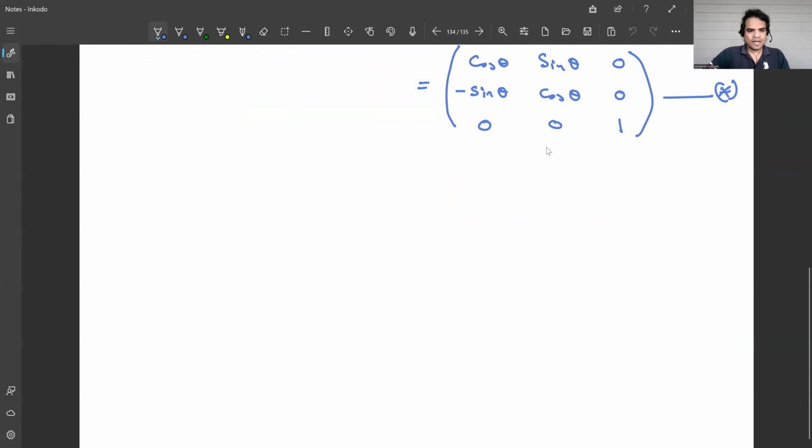So let me refresh what we have discussed regarding the magnitude of the vector. If we want to find the magnitude of the vector, you can find it from the dot product of the vector with itself, that means you can write V_i V_i, which we already discussed.